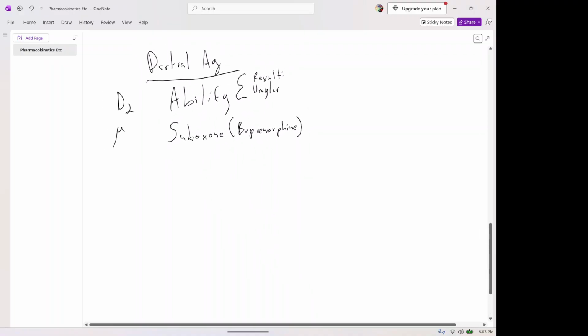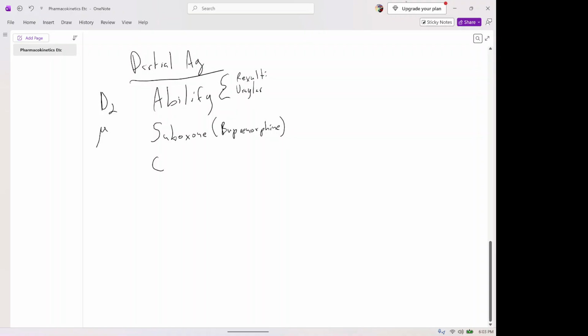Let's see, what are some others? Chantix is a partial agonist at the nicotinic receptor. There are some others. I may come to remember them. This is really just trivia. It's not going to help you much.